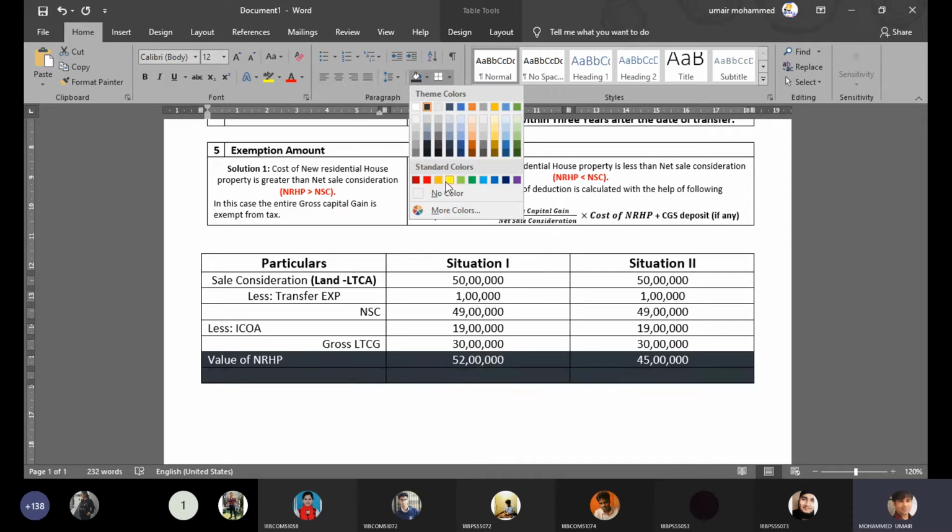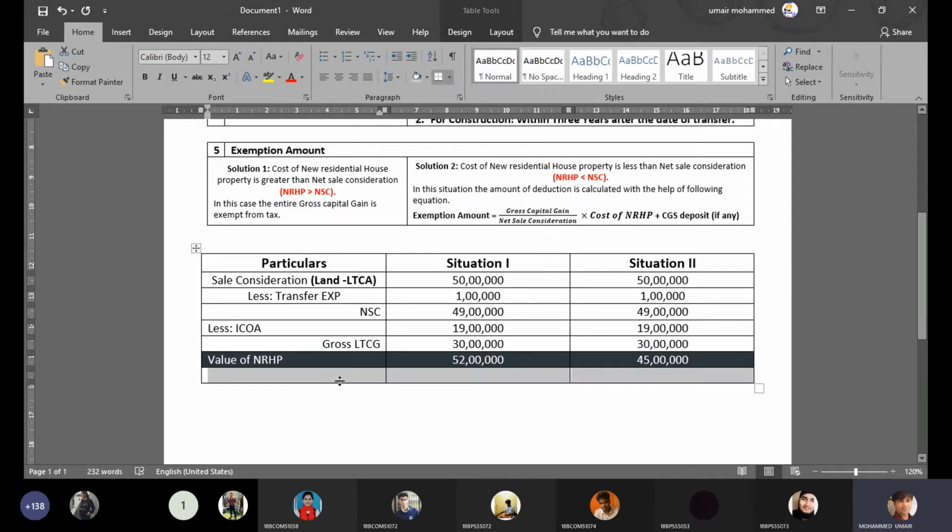Now you have to take a call whether to use the formula or not. So when you're going for deductions, in situation 1, what's the situation?